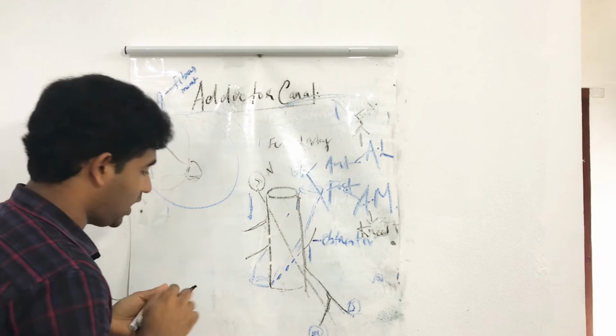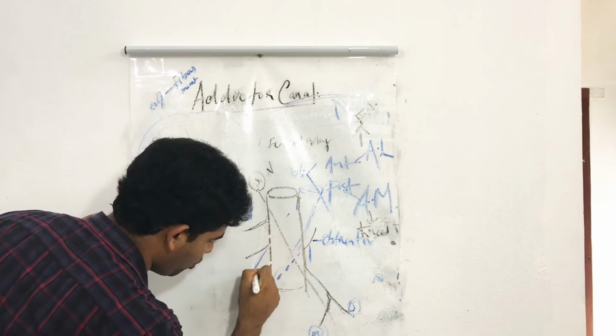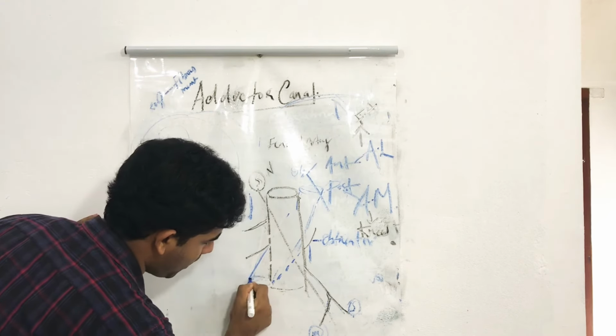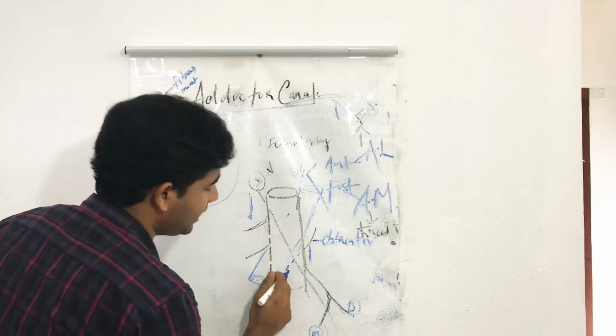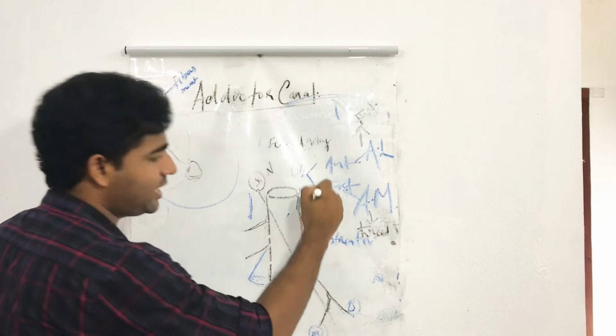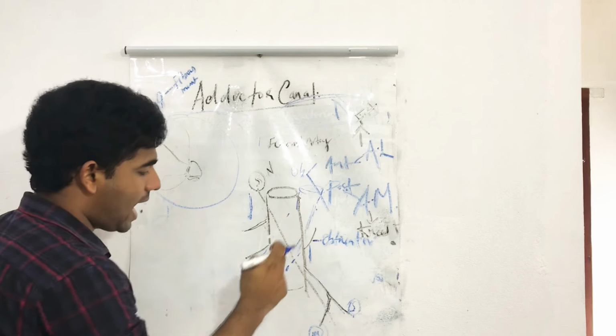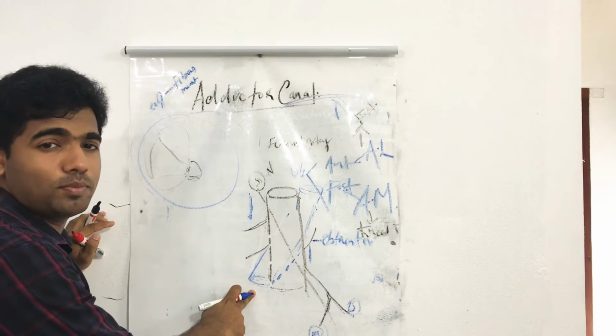Now you have the femoral vein, which is the upward continuation of the popliteal vein, and it is seen posterior to the femoral artery in the upper part and lateral to the femoral artery in the lower part.